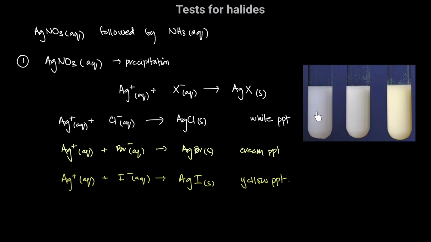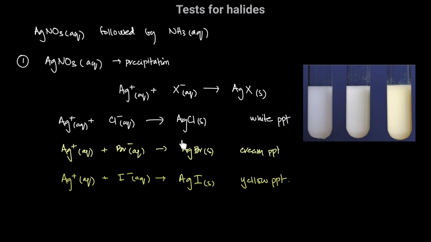You might get silver chloride with slight impurities, which makes it look like silver bromide. Similarly, silver iodide can look very similar to silver bromide. They both have a fairly faint yellow color, just that silver bromide is slightly lighter than silver iodide. So it's hard to distinguish between these precipitates just by looking at the color, which is why we follow this.